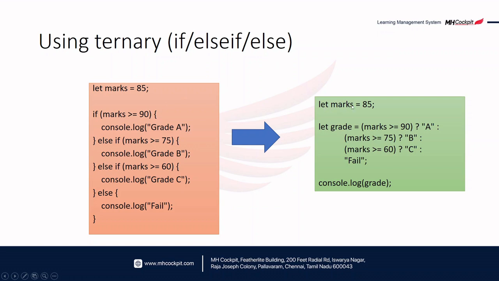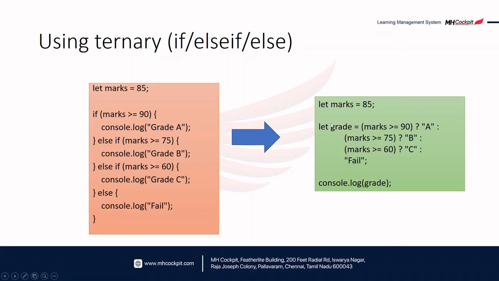So let mark is equal to 85, let grade, because I have to print the grade, that is why I am initializing another variable, grade is equal to, so the complete thing will be in a single line. See here, 1, 2, 3, 4, 5, 6, 7, 8, 9 lines are there, right? Instead of that, you can represent it in a single line, so the readability will be easy.